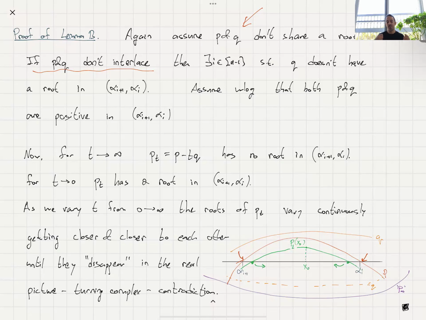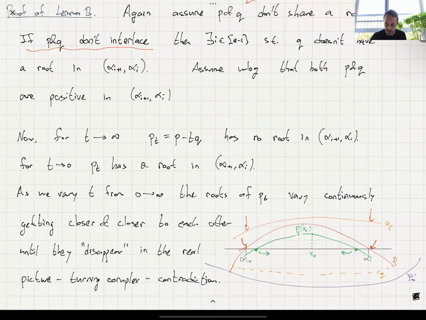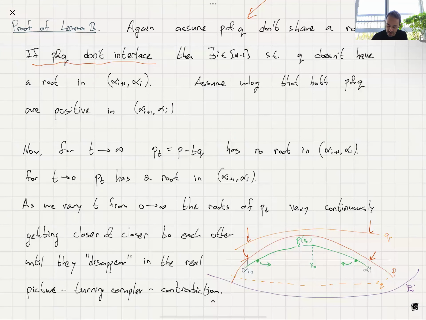So PT will resemble minus T times Q. And then also when T is very large, you won't have a root between alpha i and alpha i plus 1, because the roots of PT when t is very large are close to the roots of Q. And you see that Q doesn't have a root here because we assume it's on the upper side of this horizontal axis.